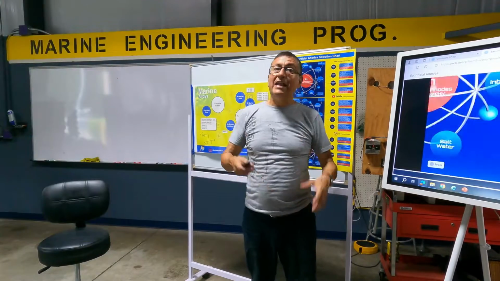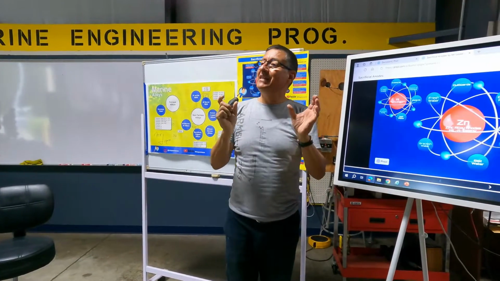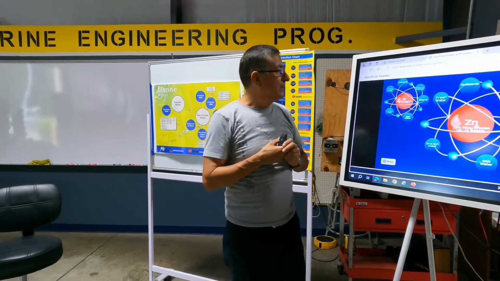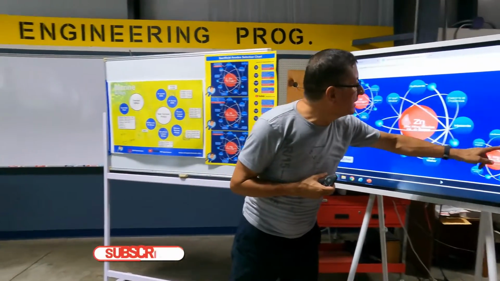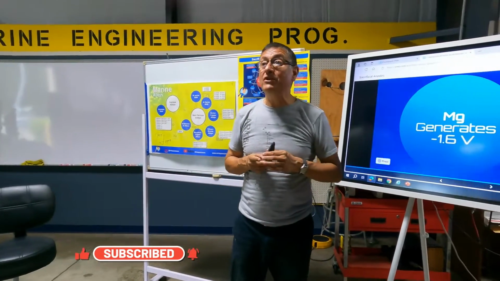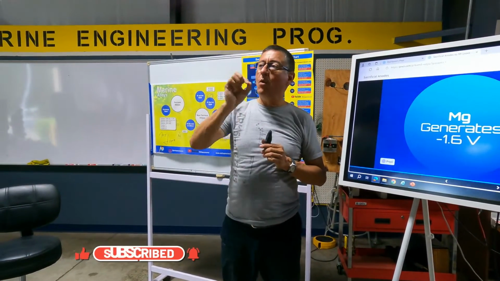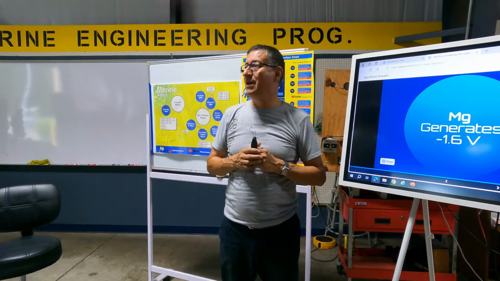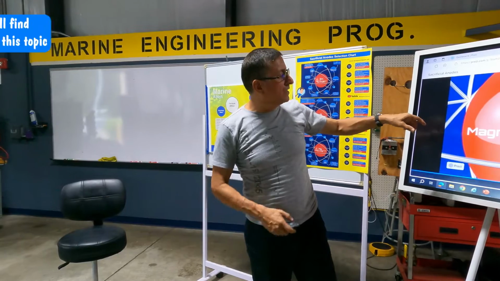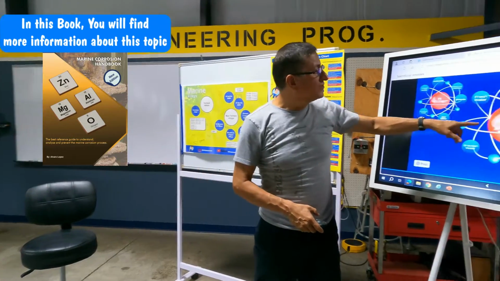That's okay? And now we are going to check the voltage reference of those alloys. We are going to check the electrical potential of magnesium. It's negative 1.6. It's highly anodic. What about zinc?